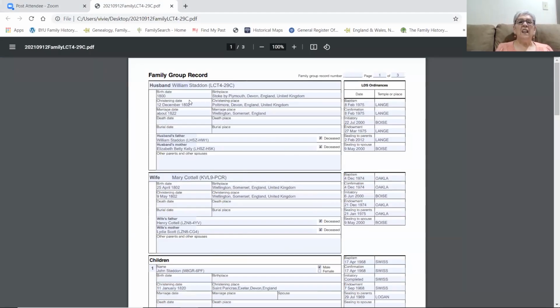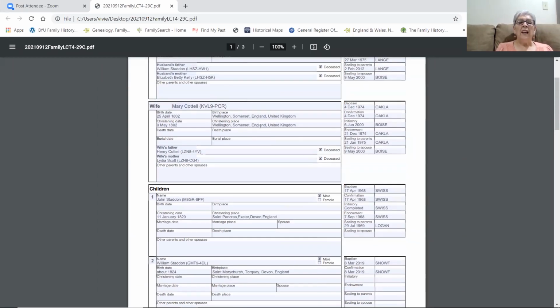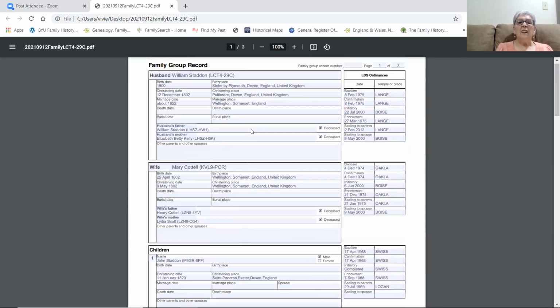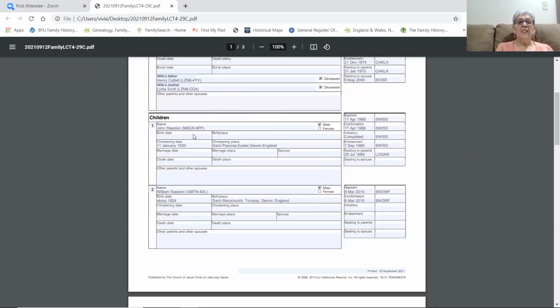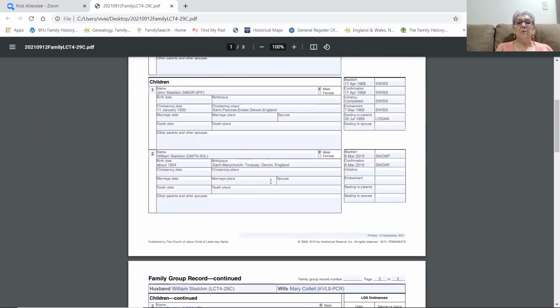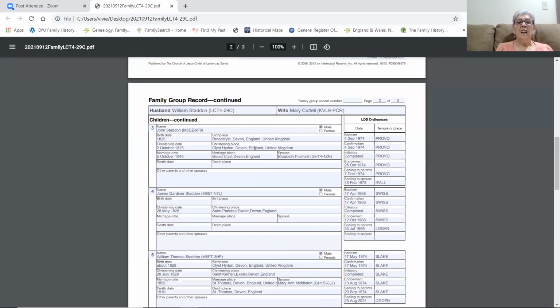You can see there's the husband and the places where he was born. It says that Mary was born in Wellington, Somerset. They were married in Wellington, Somerset, but that, as I said before, was a little bit iffy. There's John being born in Exeter, and there's William being born in St. Mary Church, Torquay.